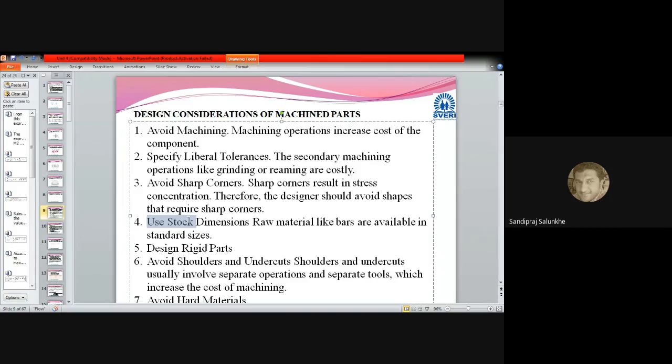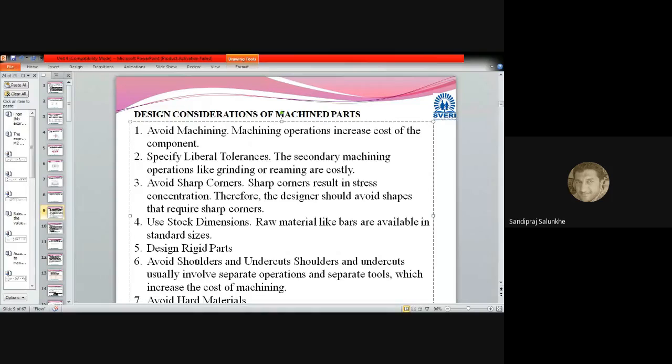Then use stock dimensions. Raw material like bar is available in standard sizes, because when we are going to design any component, as we have seen, if the component size is 12.7 millimeter, then we select it as 13 or 14 or 15 millimeter, right?